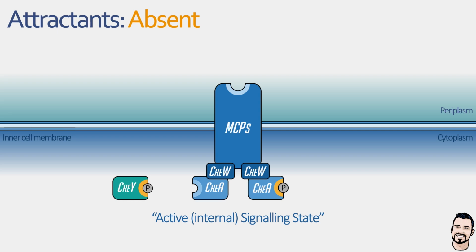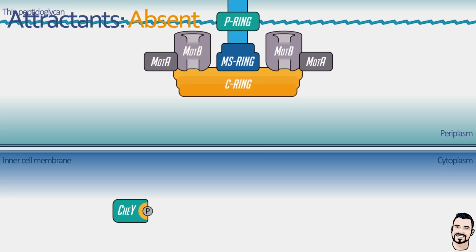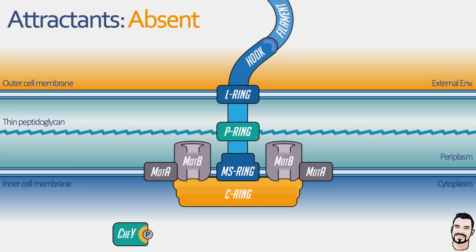Okay, so what does our activated CheY protein do? Well, its core function is to interact with the bacterial flagella, specifically the FliM protein located within the C ring. Now this interaction is critical because FliM acts as a switch to determine the direction of the flagellar rotation.